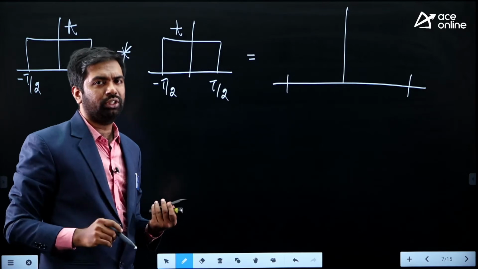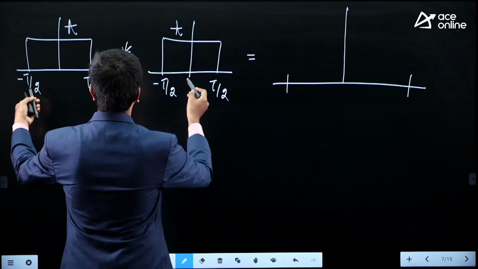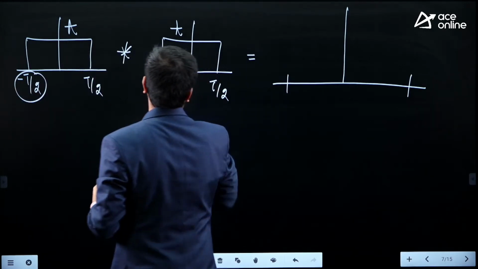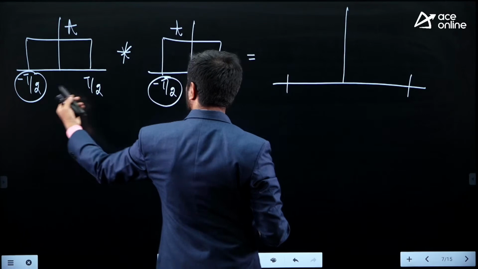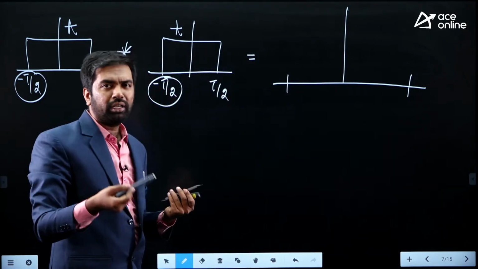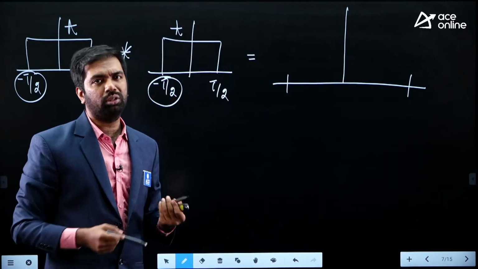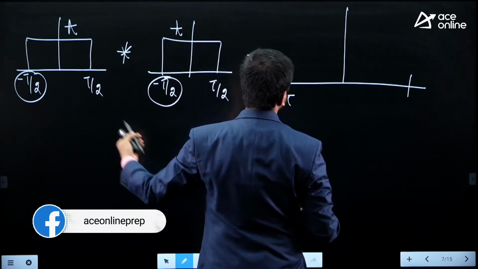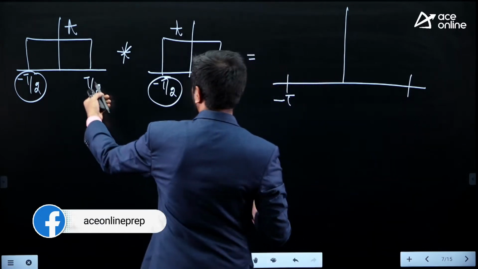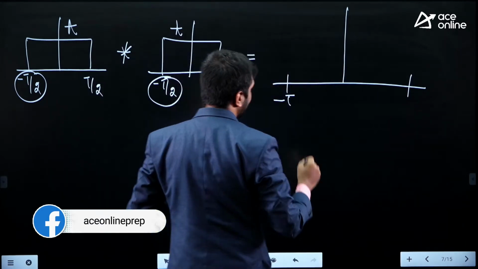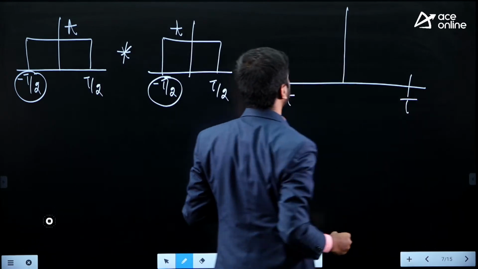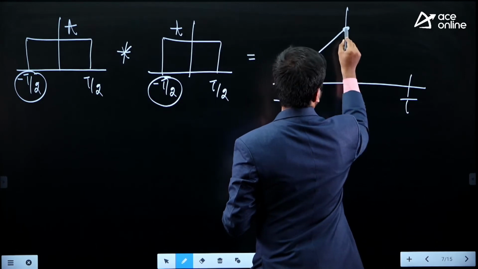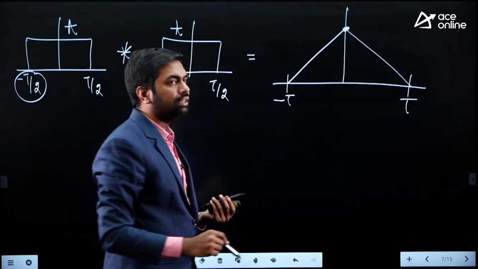The rules of convolution say that when you convolve these two waveforms, look at their lower limits, -T/2 and -T/2. The lower limit here is the sum of these two, -T/2 plus -T/2, which is -T. To find the end point, you add the upper limits: T/2 plus T/2 is capital T. And you will have a triangular pulse like this.